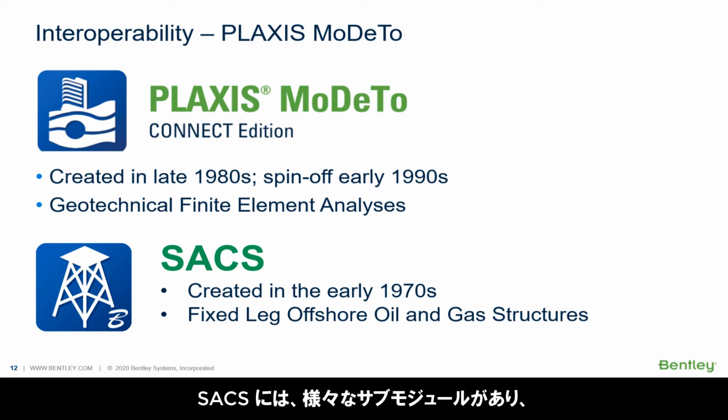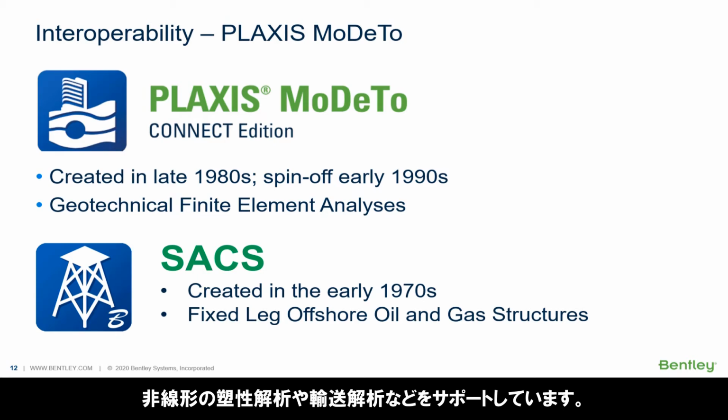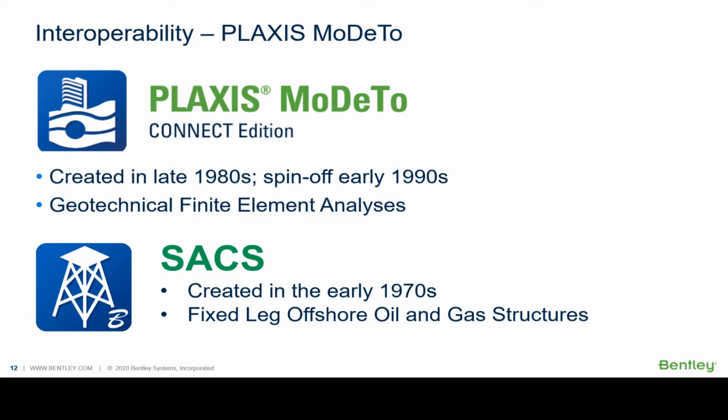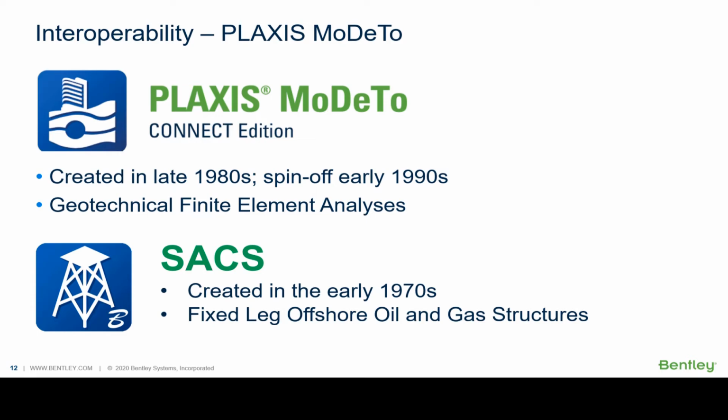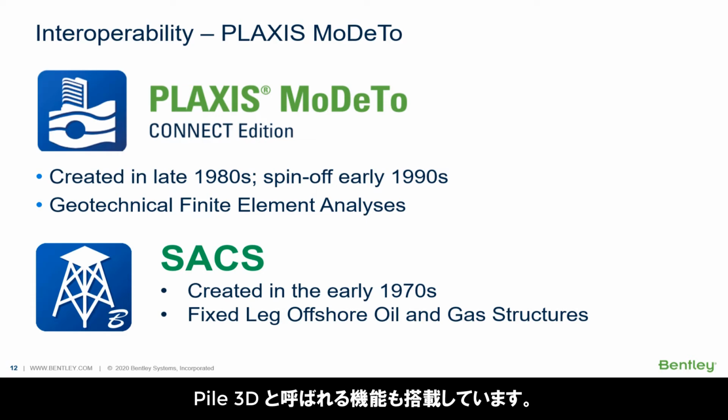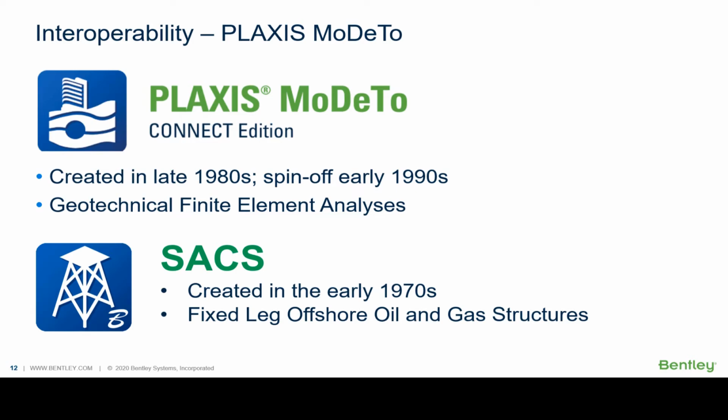SACS has various sub-modules supporting linear static or dynamic analysis, nonlinear plastic analysis, transportation analysis, etc. It also has a feature to do the pile structure interaction analysis and single pile analysis named Pile 3D, based on the input soil property.